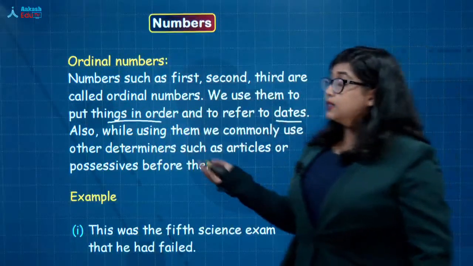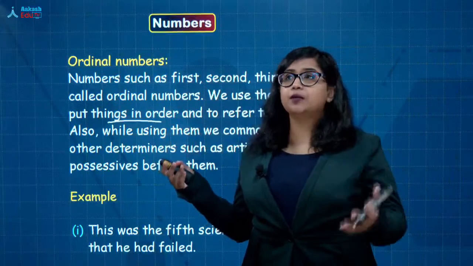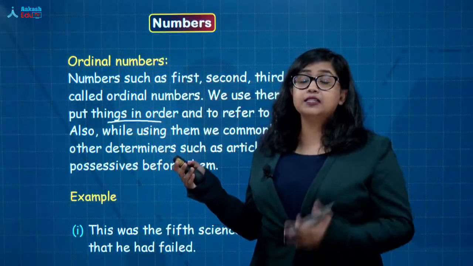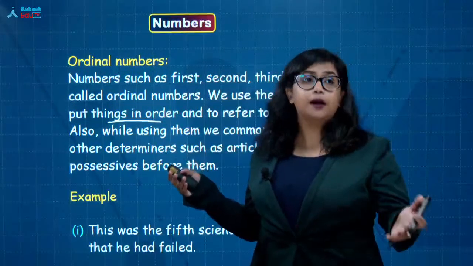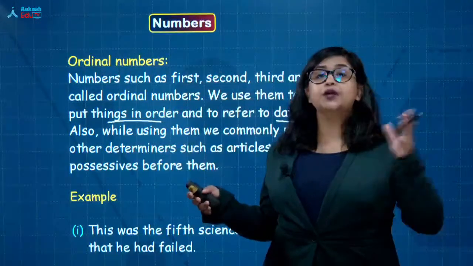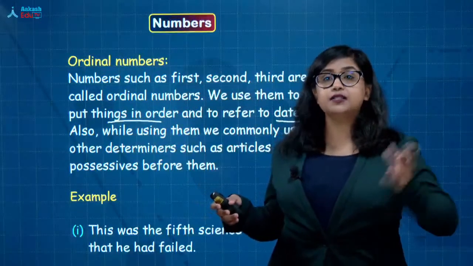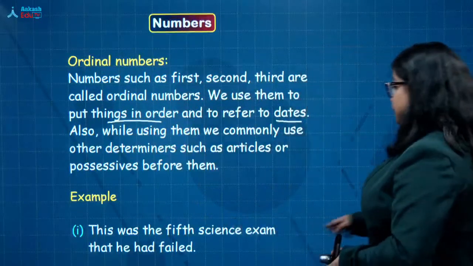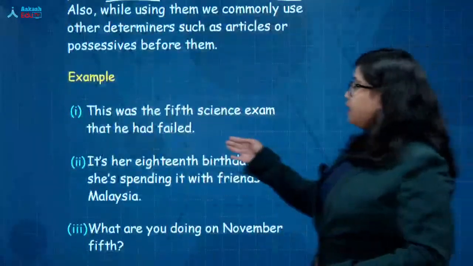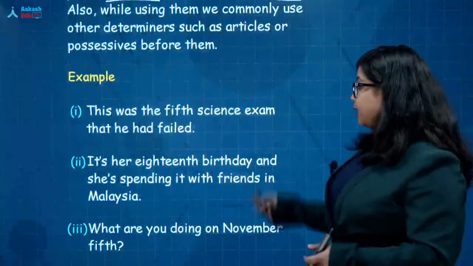He is the fifth student, or he has the fifth roll number. This was the fifth science exam that he had failed. So the fifth, ordinal number.